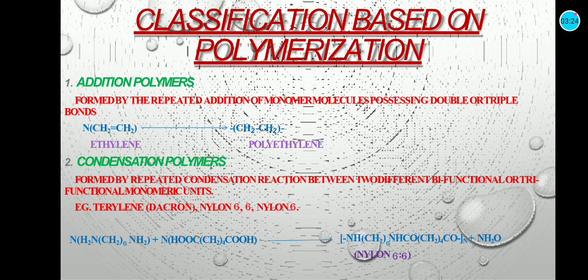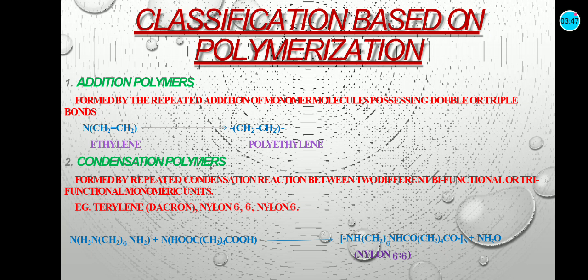Then classification based on polymerization. There are two types of polymerization. First, addition polymers and second, condensation polymers. Addition polymers are formed by the repeated addition of monomer molecules possessing double or triple bonds.